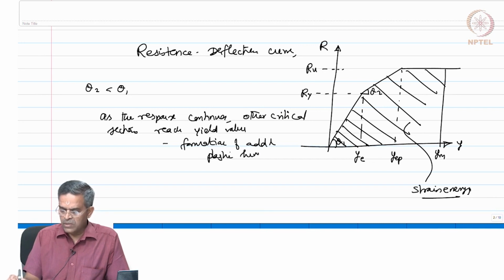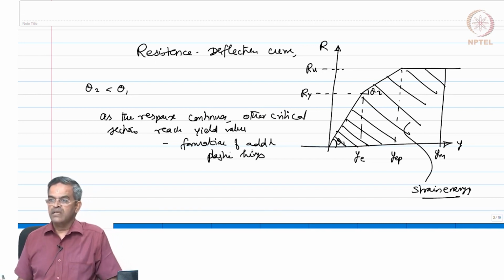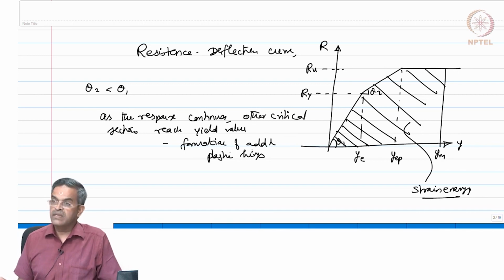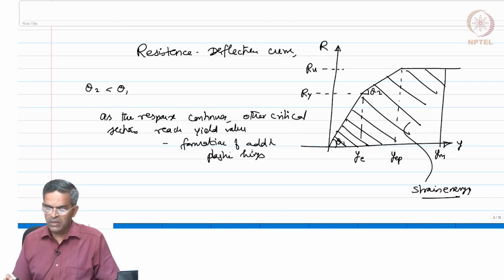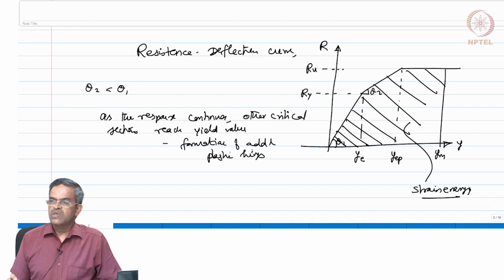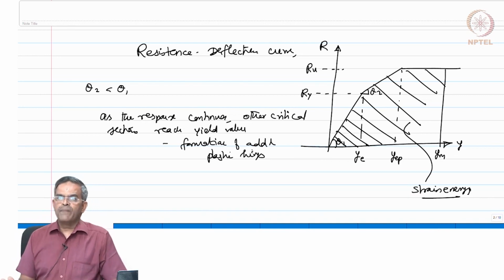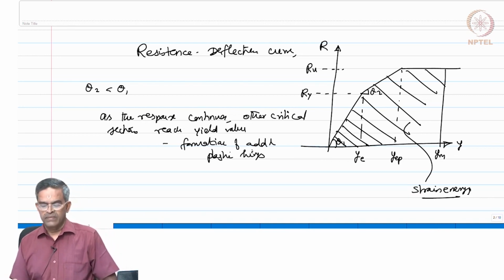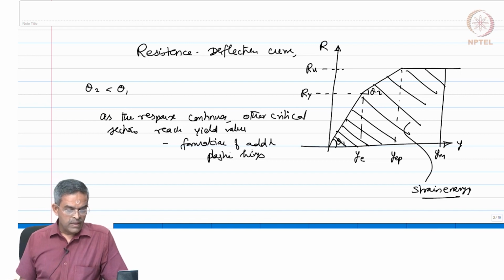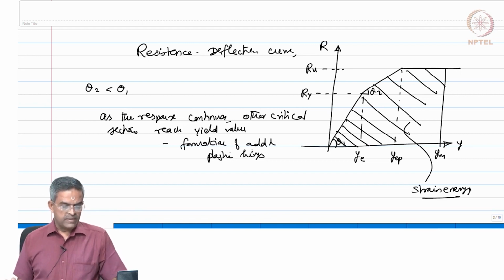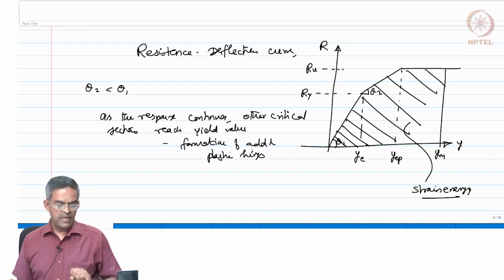We will talk about this procedure in much more detail in the next module on plastic design, but we are now talking about the resistance deflection curve. So, let us try to understand what happens to my resistance curve. At the yield point the slope of the resistance deflection curve changes, and hence the section starts yielding.